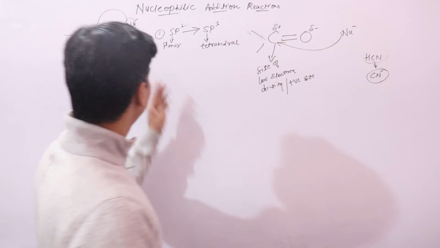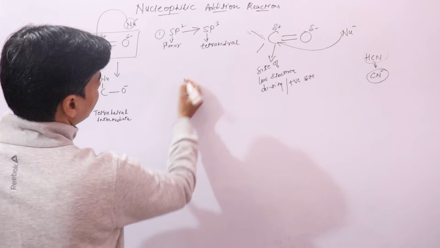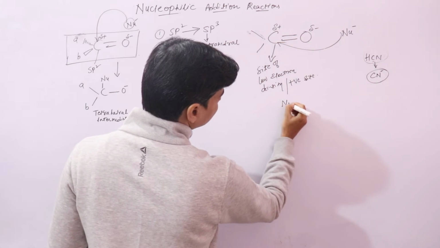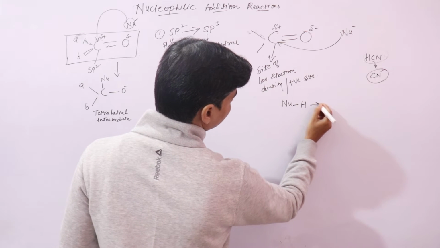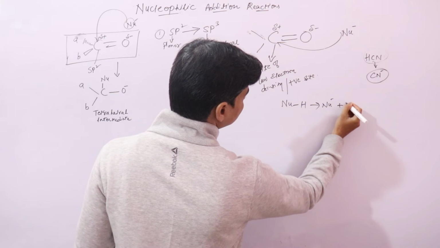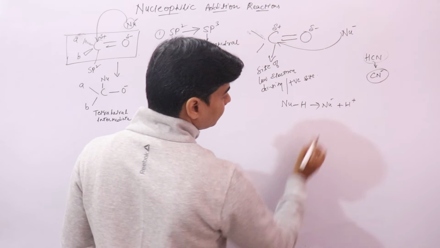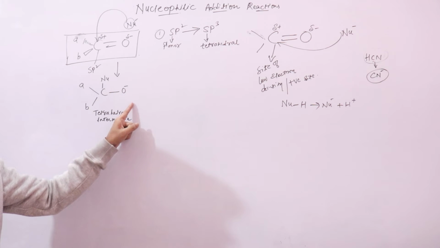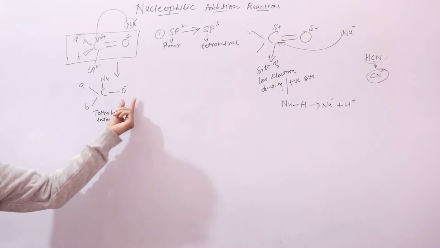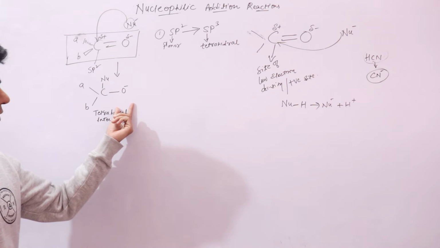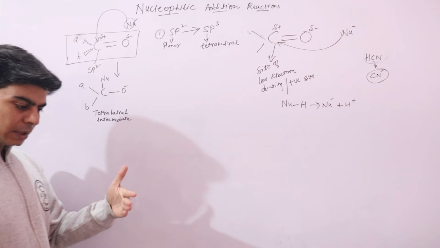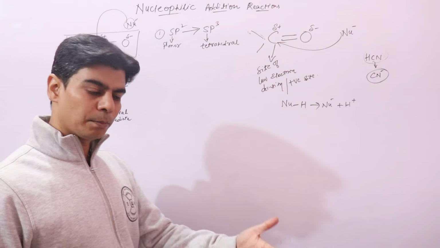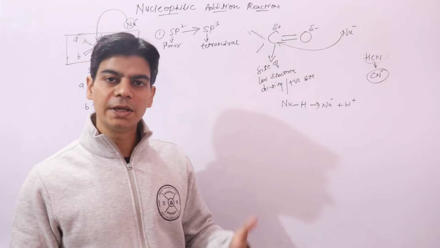Here, suppose the reagent, this nucleophile, is NuH, that is Nu minus plus H plus. This intermediate has a negative oxygen, a site of high electron density, so it can attach to a positive reagent.